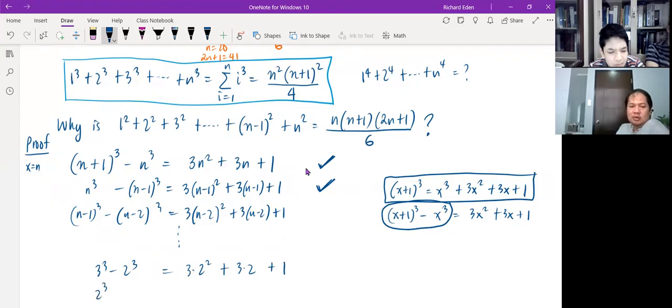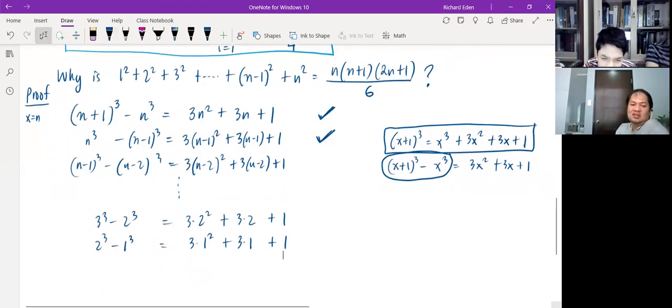And then finally, 2 cubed minus 1 cubed will be 3 times 1 squared plus 3 times 1 plus 1. At least with the last line, you can easily verify the left side is 7, the right side is 3 plus 3 plus 1, also 7. So everything's in order.